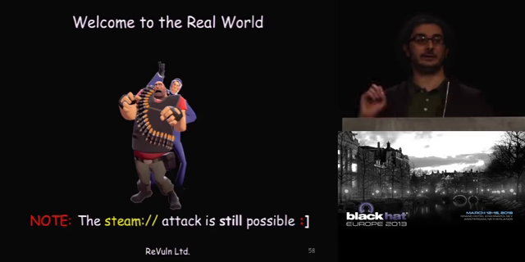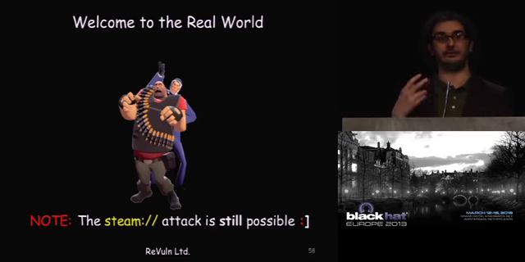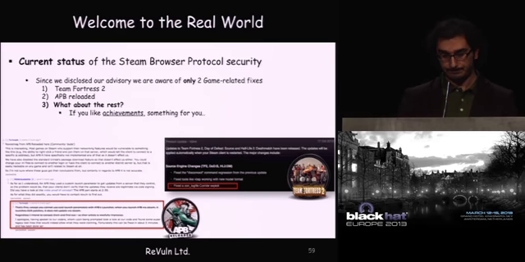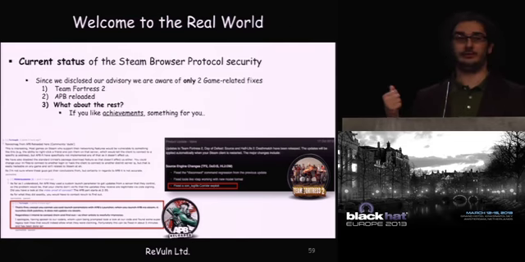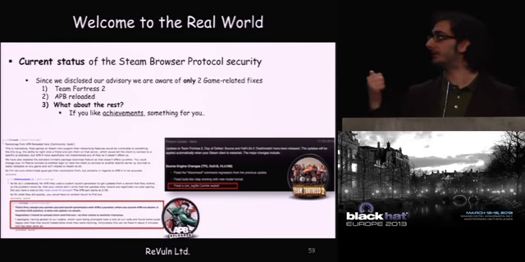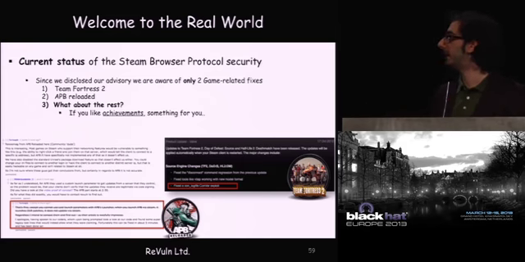If they want to fix this kind of issue, they need to rewrite most of Steam. After our advisory, the only fixes provided were related to the proof of concept we used, so Team Fortress and APB.